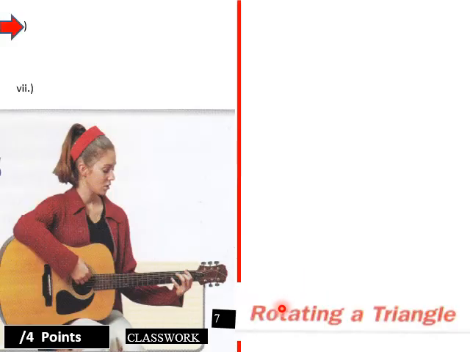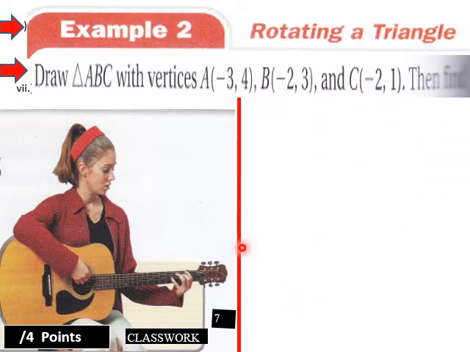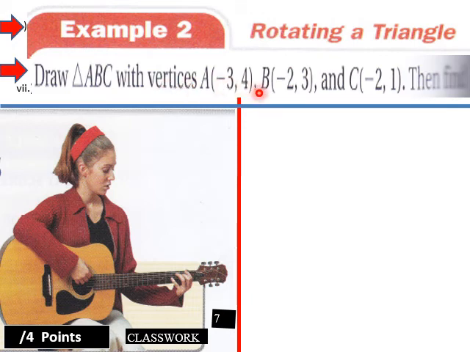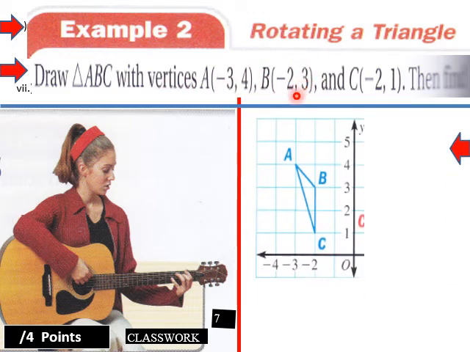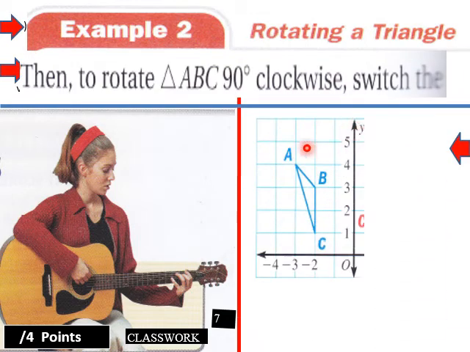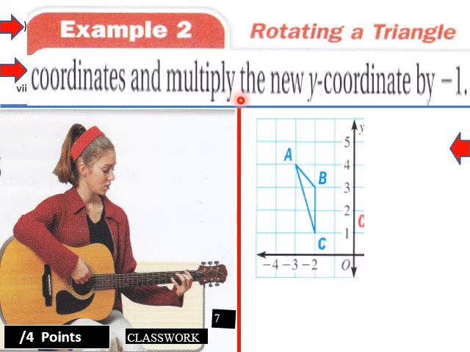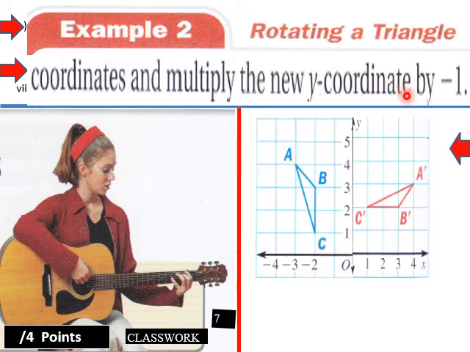Be careful with that. So example 2, rotating a triangle. Draw triangle ABC with these vertices here. Then to rotate ABC 90 degrees clockwise, switch the coordinates and multiply the new y coordinate by -1. So this would be a rotation in a clockwise position from ABC. This would be the new triangle. It's rotated 90 degrees.